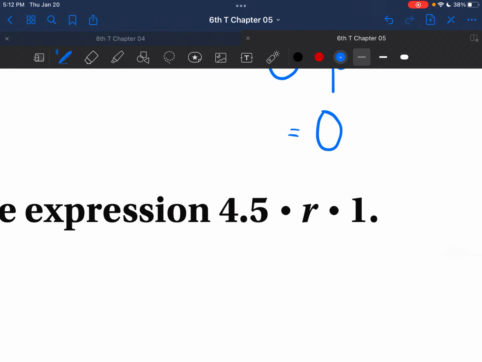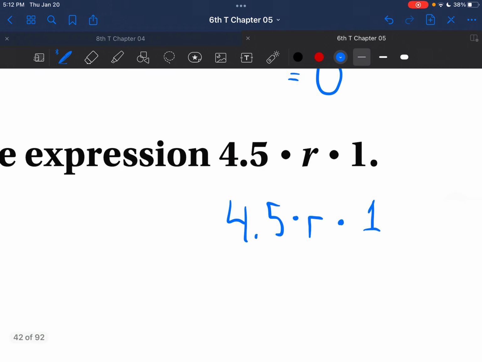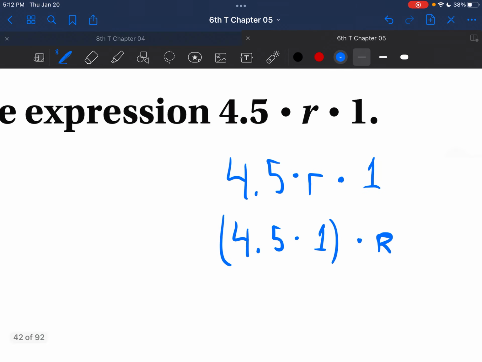Let's write this one down. We have 4.5 times r times 1. Let's change the groupings around so that we can solve this a little bit easier. So we're going to do 4.5 times 1, close the brackets, times the letter capital R. Can we simplify some of this? Yes.